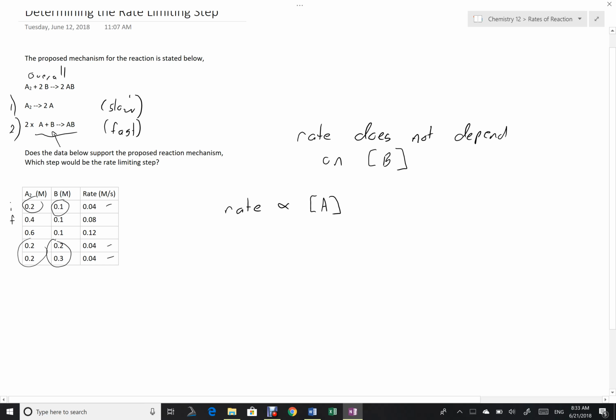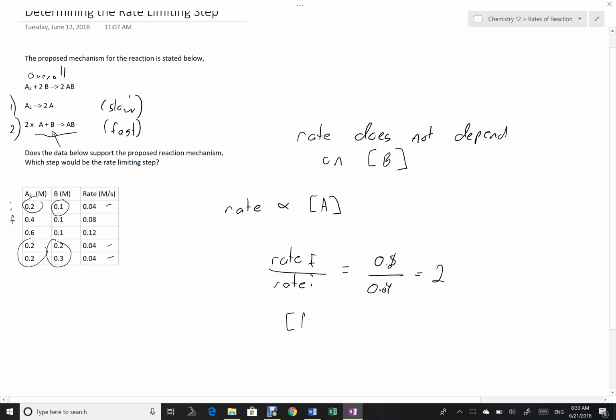So I'm going to say that my rate final in comparison to my rate initial is 0.8 to 0.4, or 0.08 to 0.04. Either way, that works out to a doubling of the reaction rate.